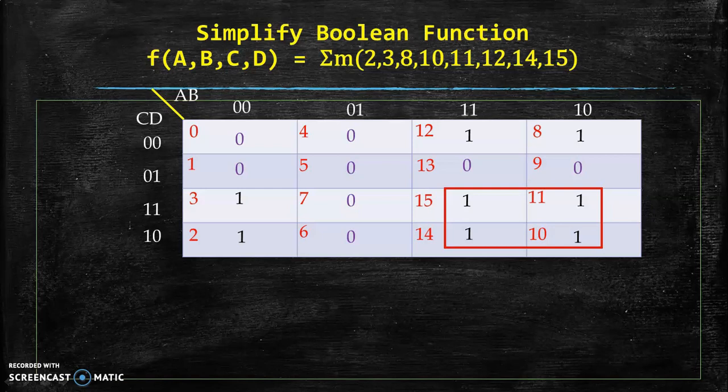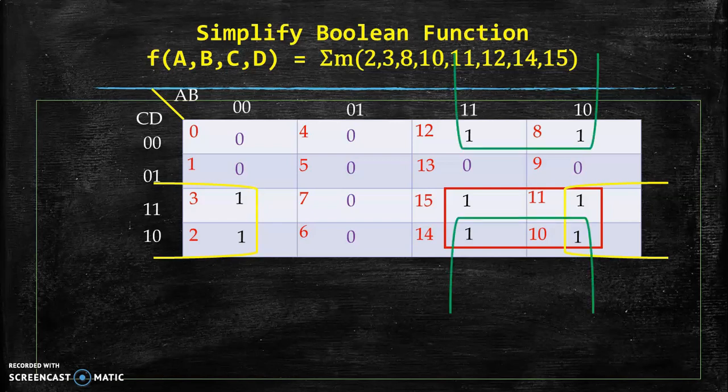We can prepare a quad with cell numbers 2, 3 and 10, 11. With the wrap around and with overlapping, we can prepare another quad. Same way for cell numbers 8 and 12, we can also prepare a quad.